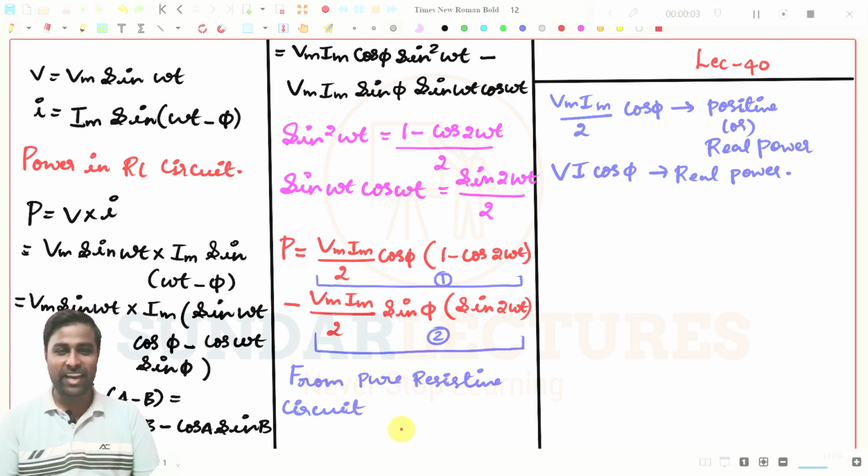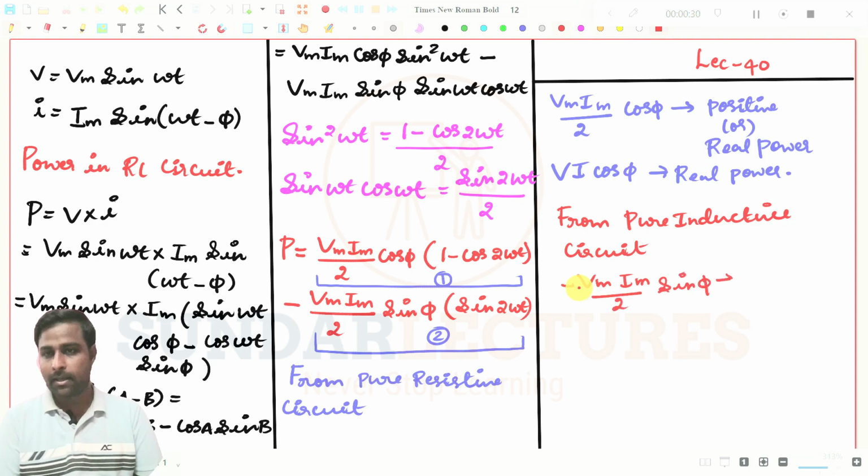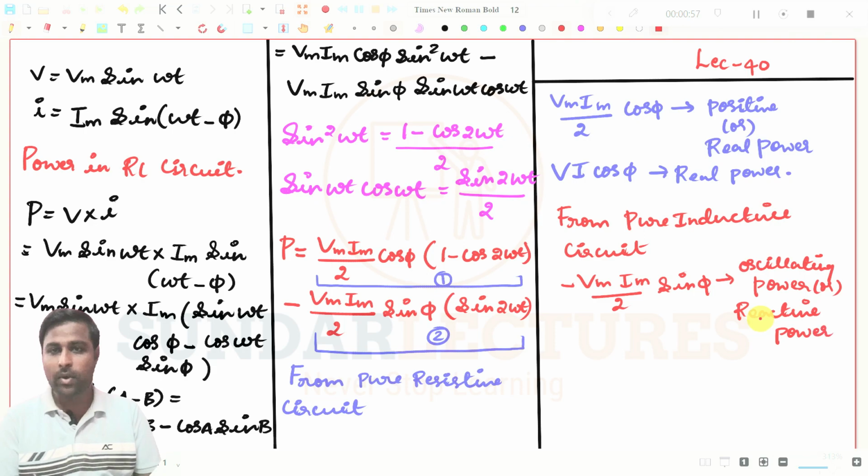So what I can write here: from the pure inductive circuit, this term, that means minus Vm Im by 2 sin pi, is actually oscillating power, or we can say it is reactive power.